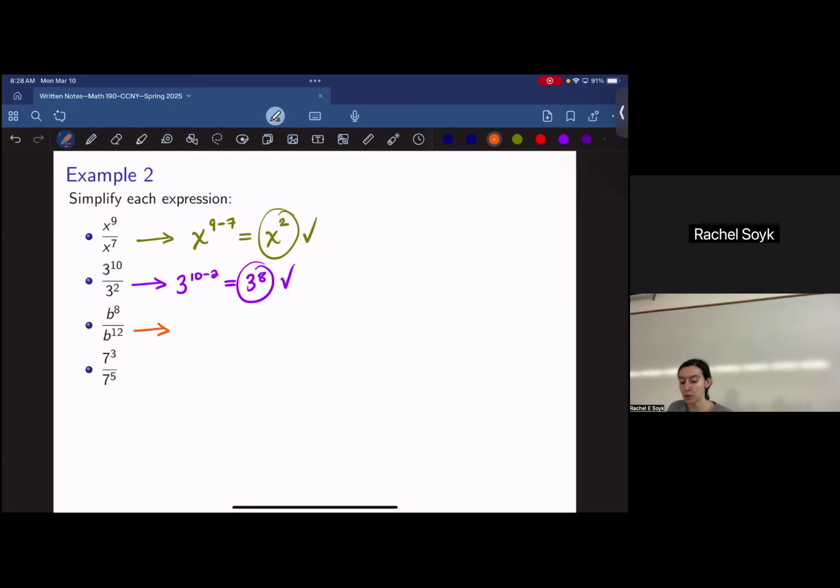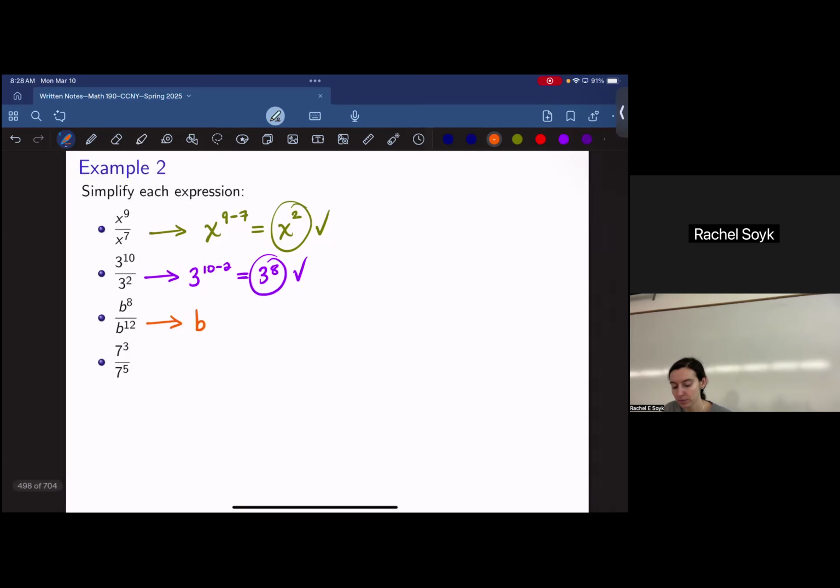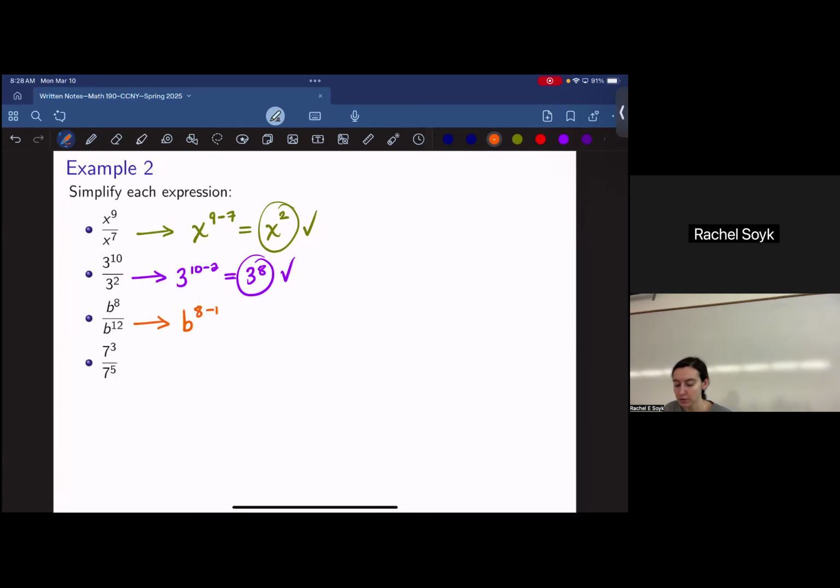The next example. What's 8 minus 12? Yeah, and now how do we make this a positive exponent? Yeah, so 1 over b to the 4th. Well done. Nice work, Caesar.